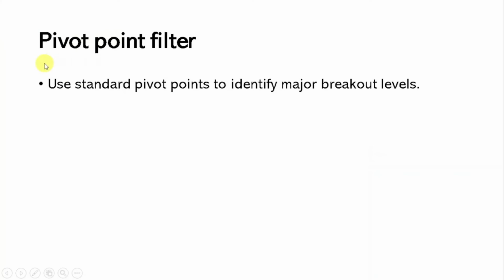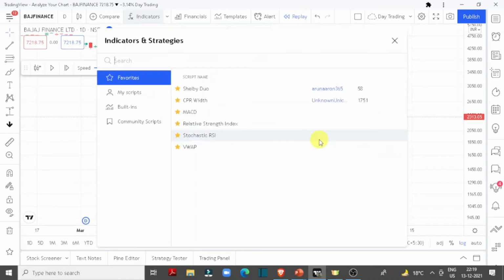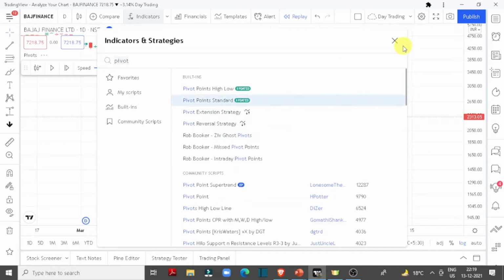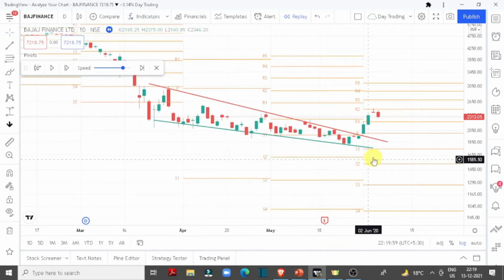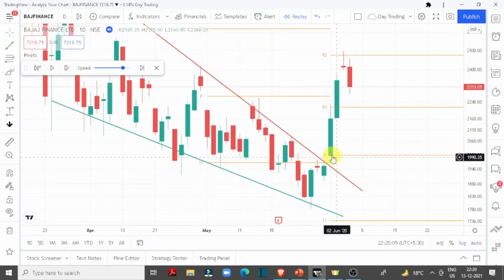Now let's talk about our fifth filter, which is the pivot point filter. Some people use standard pivot points or maybe central pivot points to identify major breakout levels. Let me go again to TradingView, and in indicators we will type pivot points standard. Let me put this up, and you can see that at this green candle where the breakout happened, the candle was taking support at the pivot level, right?